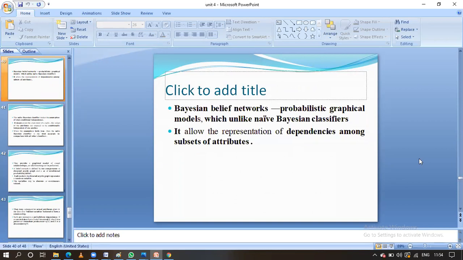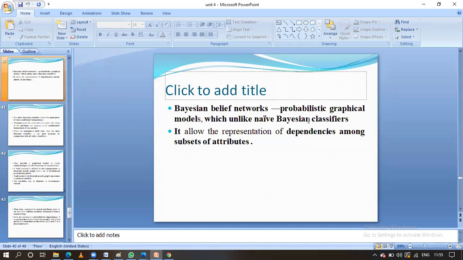Coming to this Bayesian belief network, guys, this is unlike the naive Bayesian classifier. In the naive Bayesian classifier, we use conditional probabilities, guys. Coming to the Bayesian belief network, we use graphical models. That is the difference, guys. In the Bayesian belief network we use a probabilistic graphical model, whereas in the naive Bayesian classifier we use conditional probabilities.